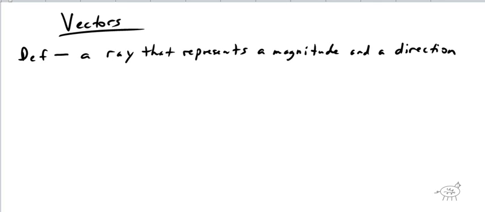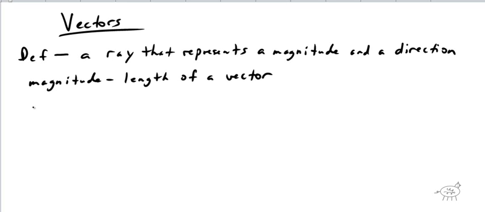Let's talk a little bit about what each of those words mean. First of all, a magnitude is basically the length of the vector. And the direction is, real simply, which way the arrow is pointing.